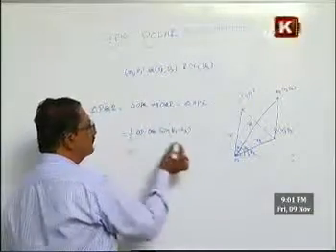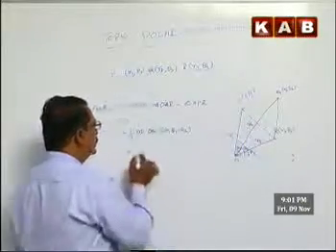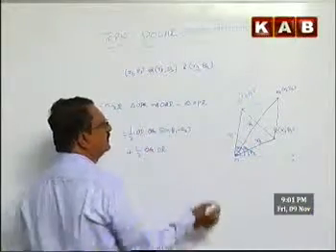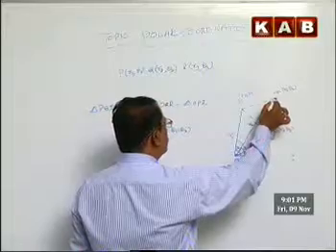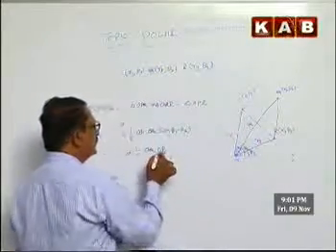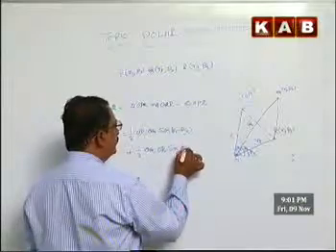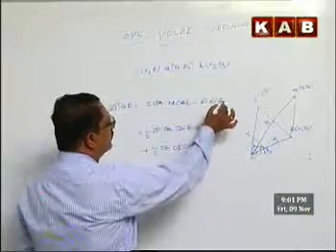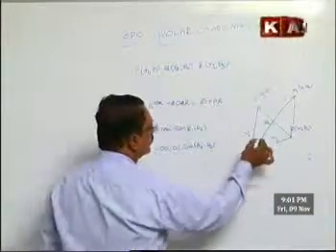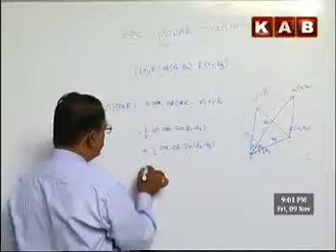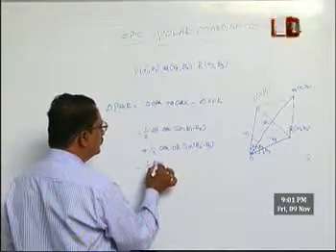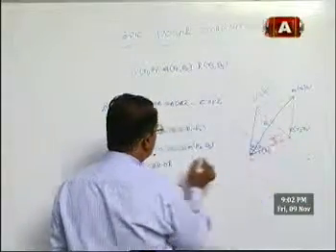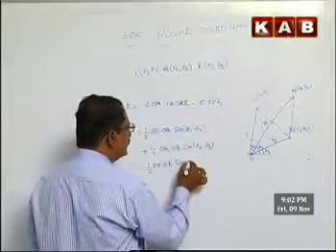Plus area of triangle OQR equals half into OQ into OR into sine of the angle between OQ and OR, that is sine of theta 2 minus theta 3. Minus area of triangle OPR, which equals half into OP into OR into sine of the angle between OP and OR, that is sine of theta 1 minus theta 3.